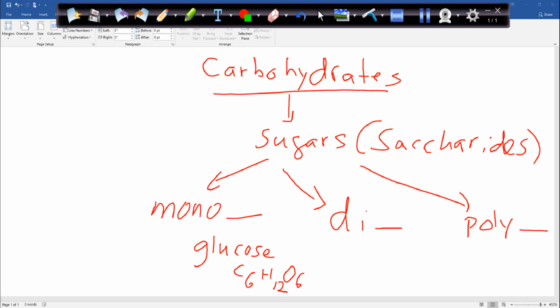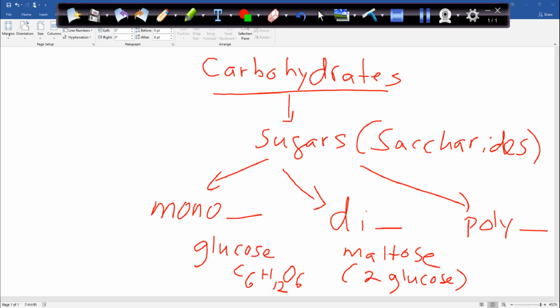And the disaccharides, like lactose or maltose. Maltose is made of 2 glucose together.